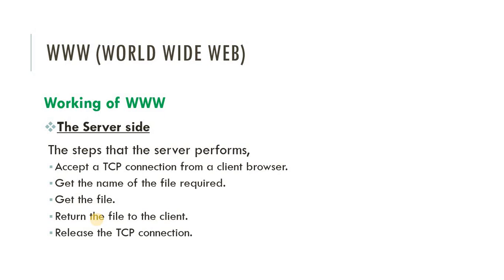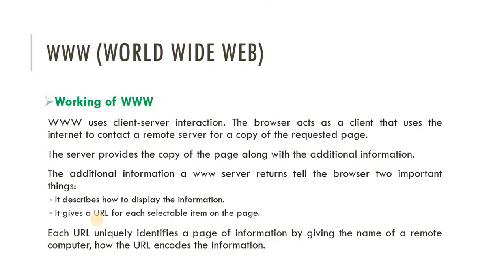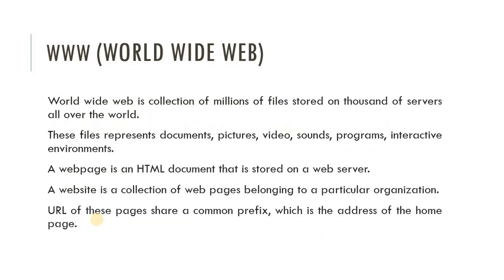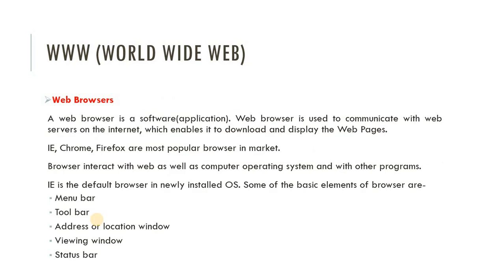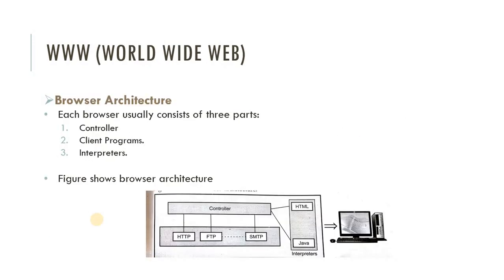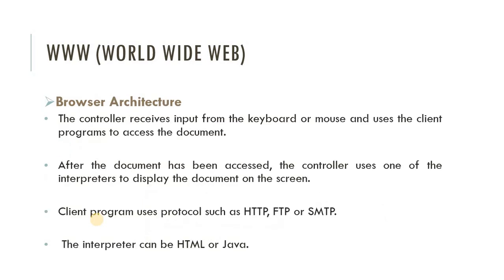So that's it for today's lecture. In today's lecture, we have learned the working of WWW. First we learned what WWW is: a collection of files stored on the server. Next we learned what a web browser is, and the architecture of a web browser, which contains a controller, client programs and interpreters.